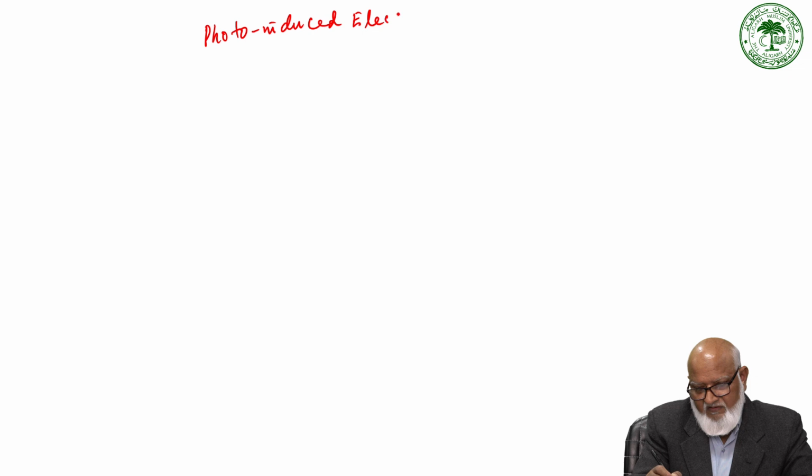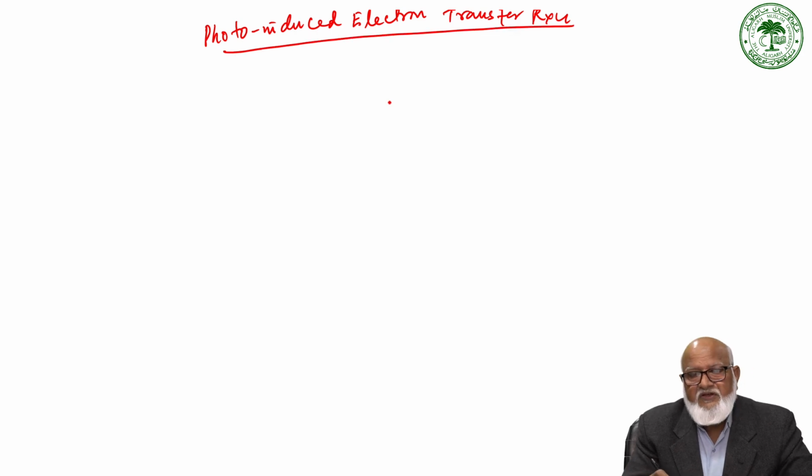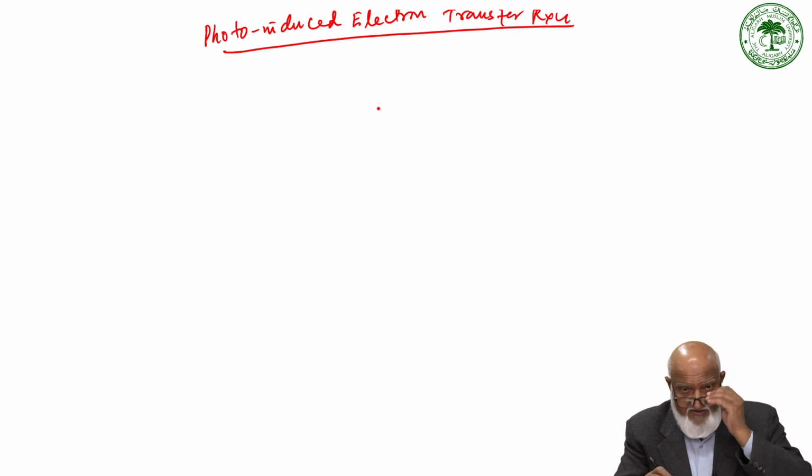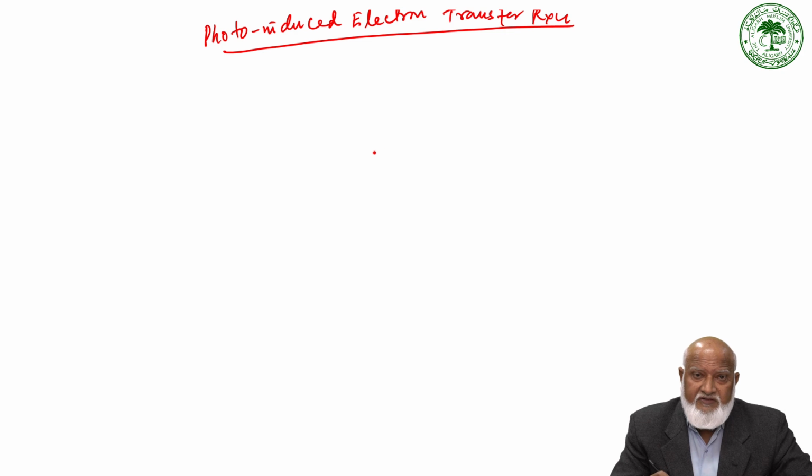So now we will look into a few examples of photo-induced electron transfer reactions. We have already mentioned in the introduction that photolysis can be brought about in two different ways: direct photolysis or indirect photolysis.